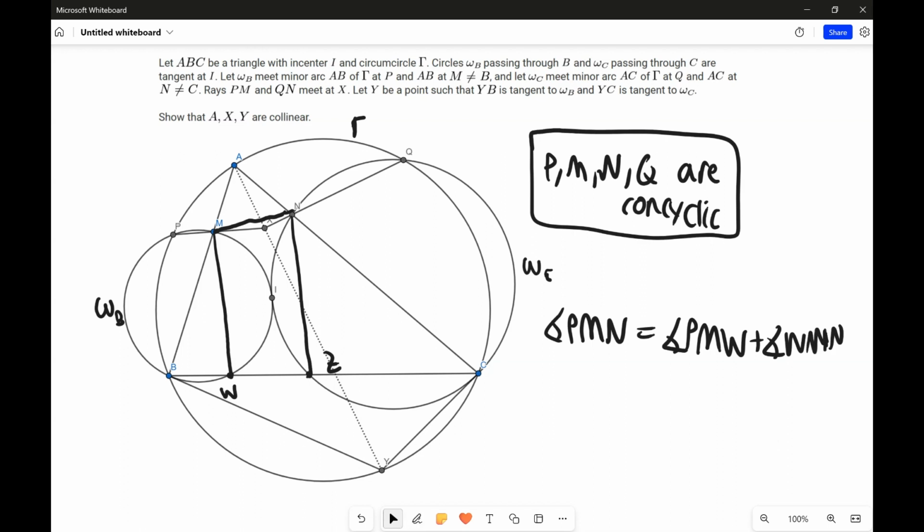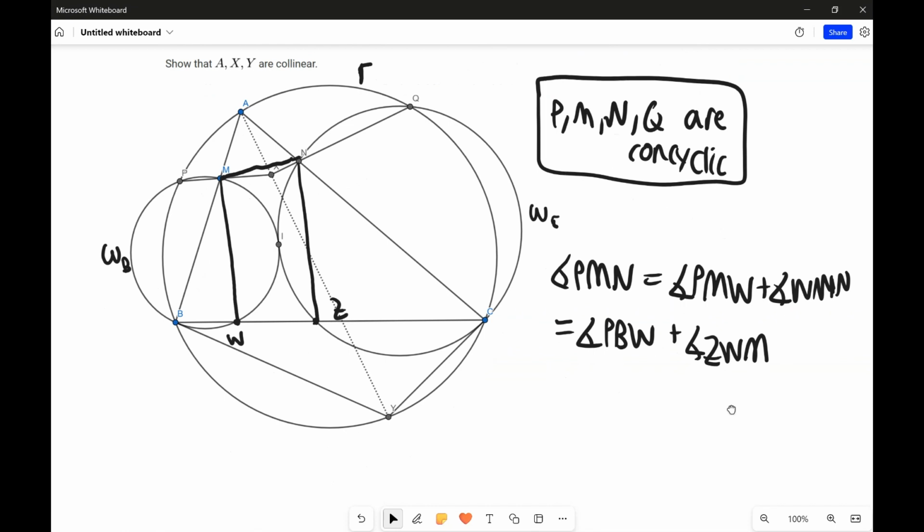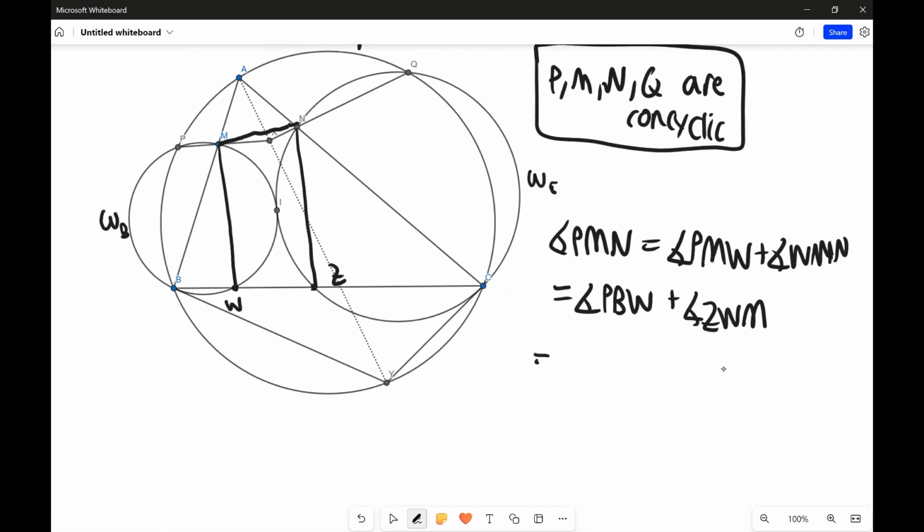And now we have that directed angle PMW is equal to directed angle PBW, and directed angle WMN is equal to directed angle ZWM because of our isosceles trapezoid. And directed angle PBW is equal to directed angle PBC because B, W, and C are collinear.